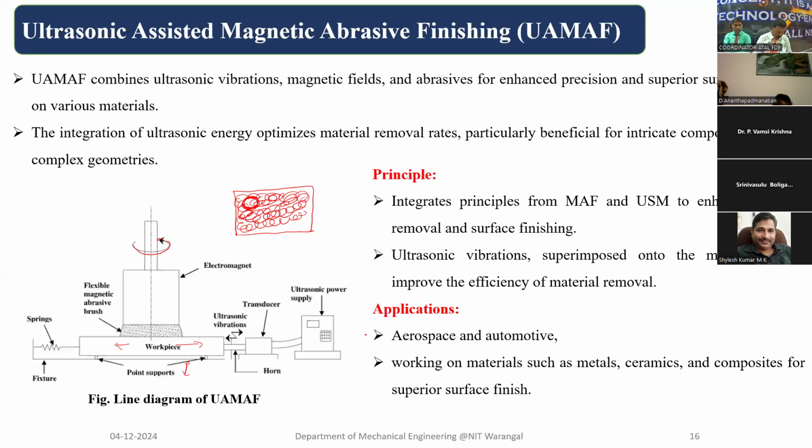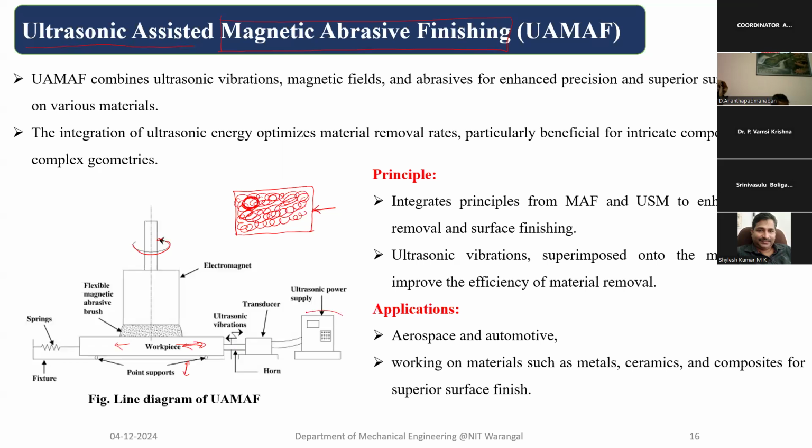So with that idea, the next level of the process is developed, called ultrasonic assisted magnetic abrasive finishing. That means for the same magnetic abrasive finishing, we are adding a vibration. While the brush is rotating, we move the workpiece by giving vibration to it with the help of the transducer, ultrasonic power supply and generator.